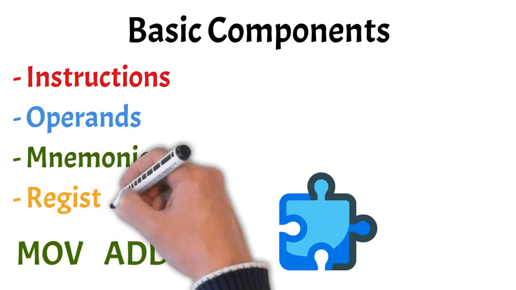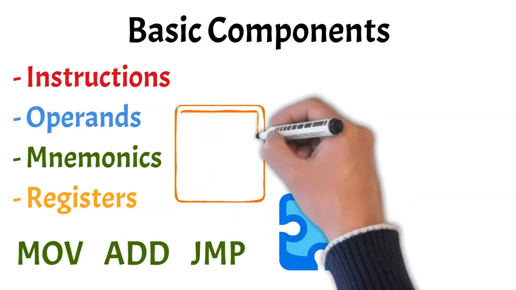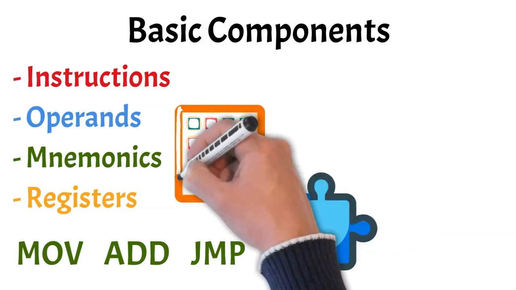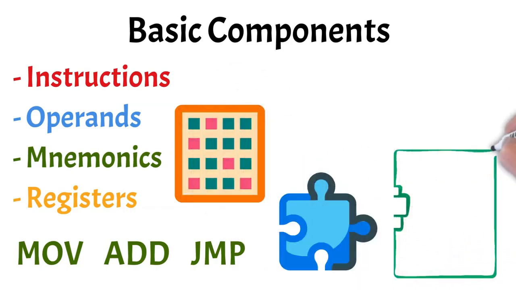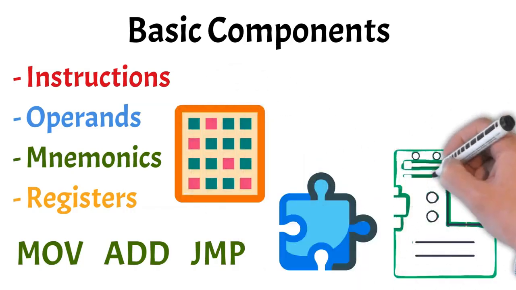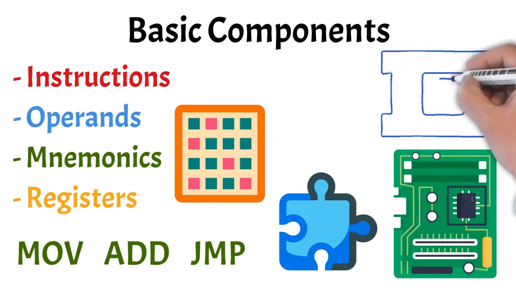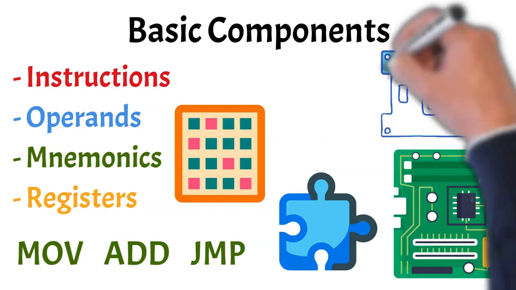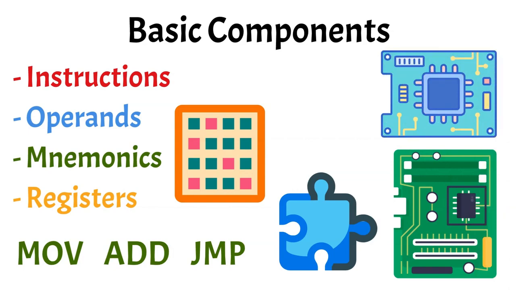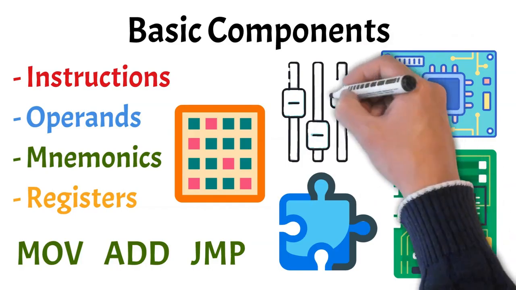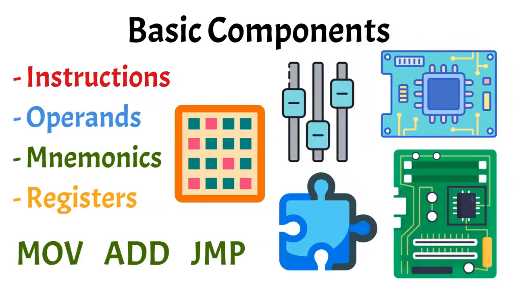Each instruction operates on registers, which are small, fast storage areas inside the CPU where data is temporarily held during operations. It's important to note that assembly syntax depends on the architecture of the device you're programming, which means that code written for one type of CPU, like x86, won't work for another, such as ARM. Together, these components give programmers fine-tuned control over how the computer handles tasks, allowing for efficient and precise execution.